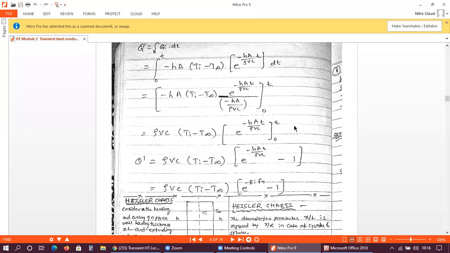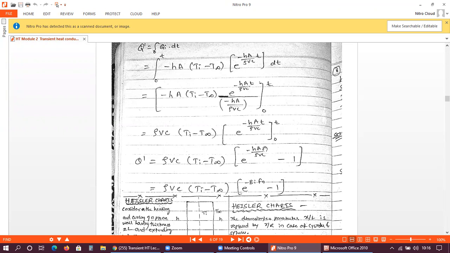Okay, so now you put the limits here. I will take this as common. First I will put for t. Since it is dt, I'm going to put the value for this t, where hAt divided by rho Vc is there. I'm going to replace this t by t first.